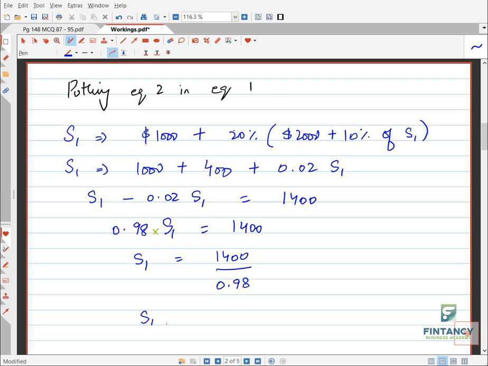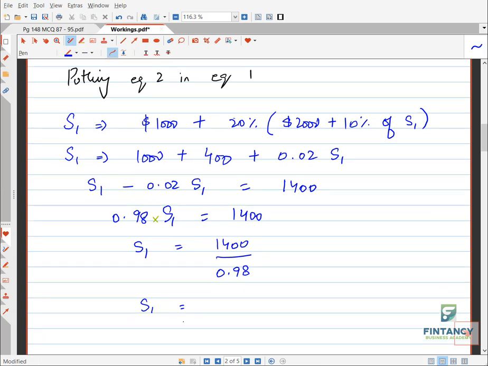If you don't know algebra, message me personally and I will try to teach you algebra. So 1400 divided by 0.98, how much? It is 1428.5 something, 1429.